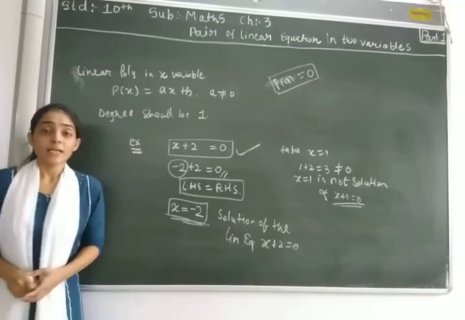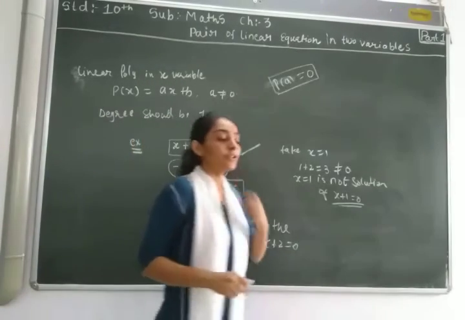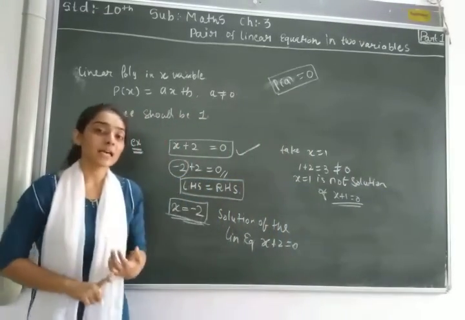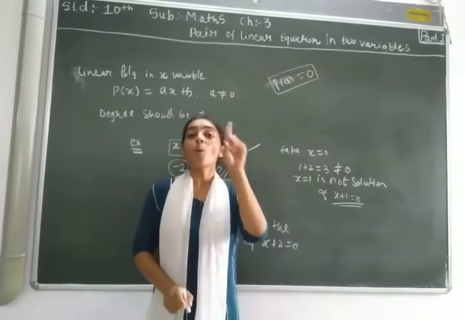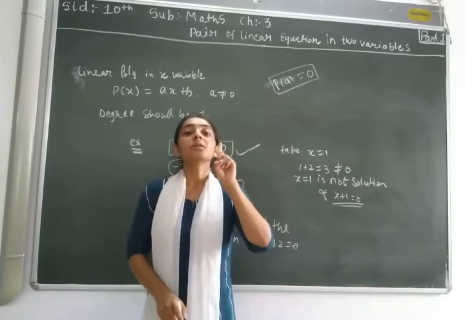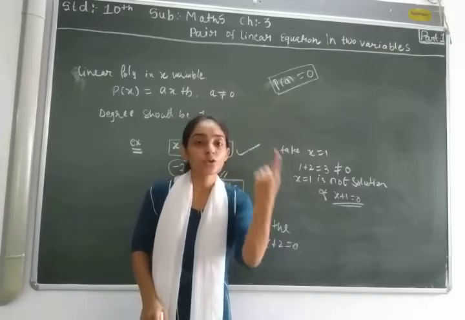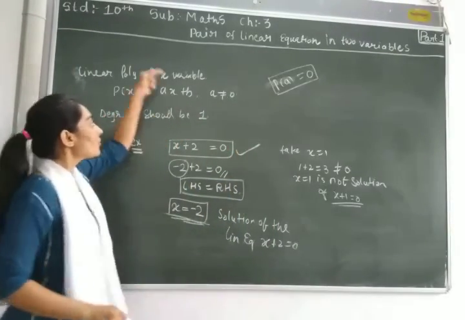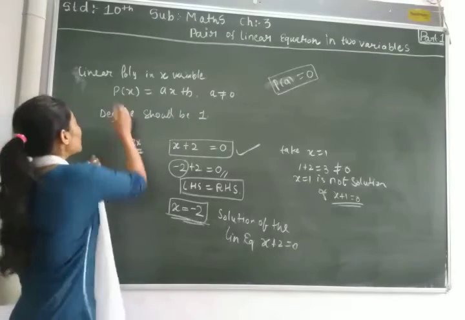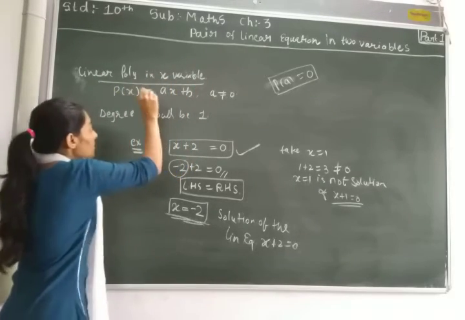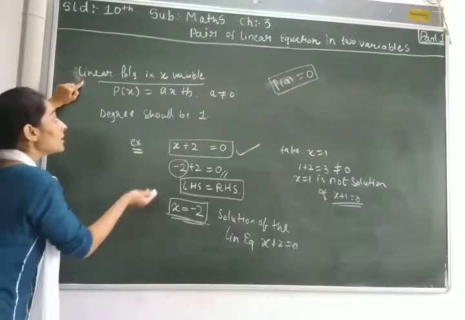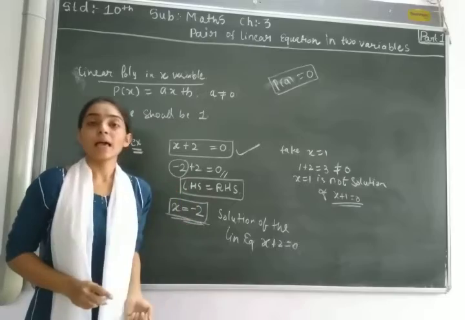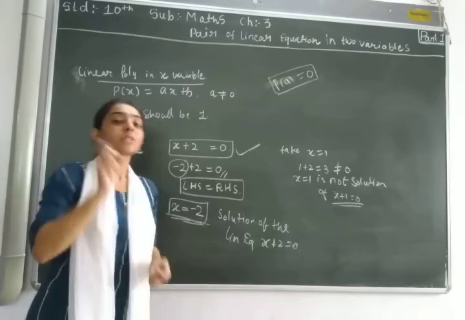So it is exactly similar to zeros of a linear polynomial. In zeros of the linear polynomial, you have studied that they have exactly one and only one zero. It means one solution. Similarly over here, a linear equation in one variable has exactly one solution.